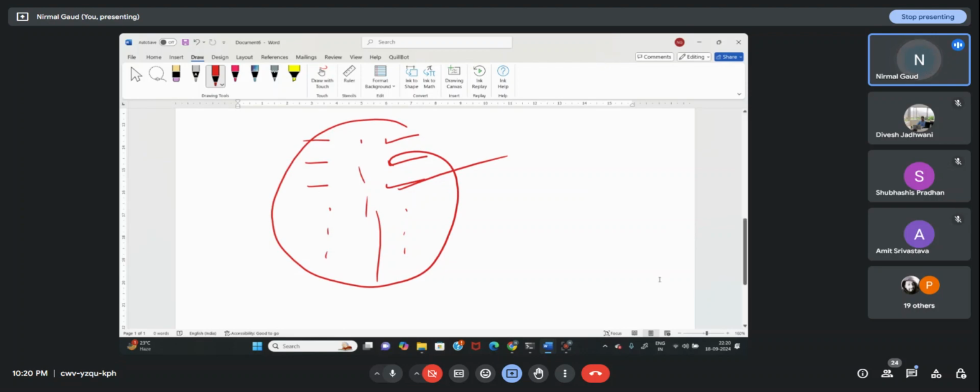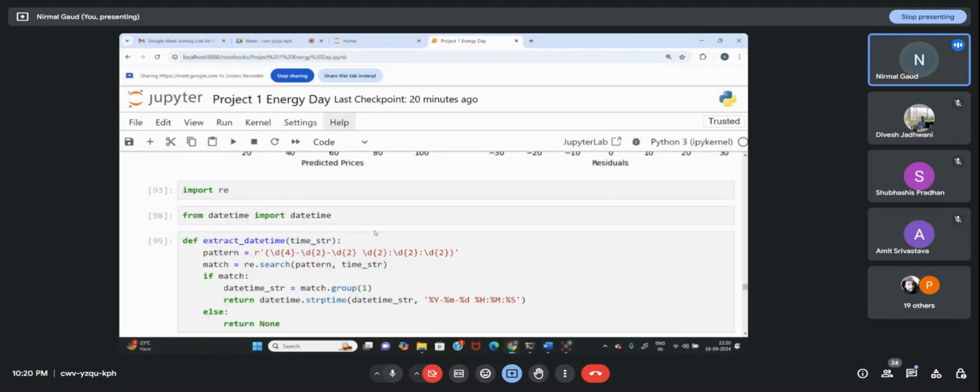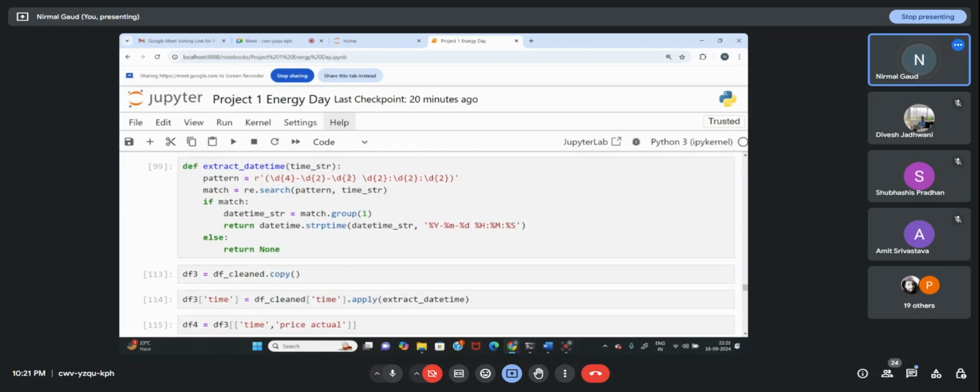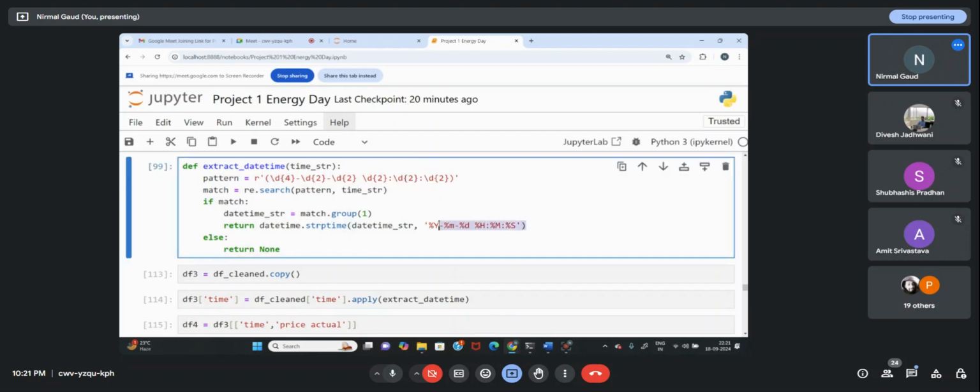So I have used time series analysis here. I took a regular expression for date time, because I need to fetch only year, month, day, and hour, plus minutes and seconds also.